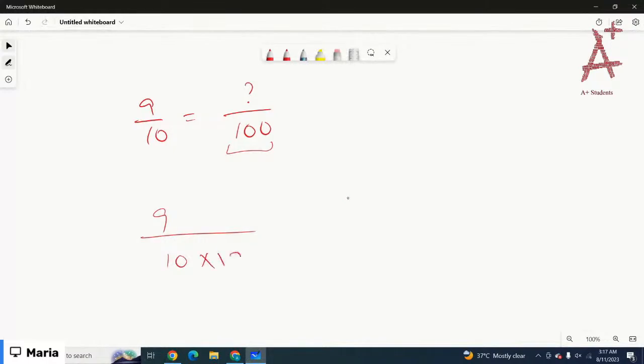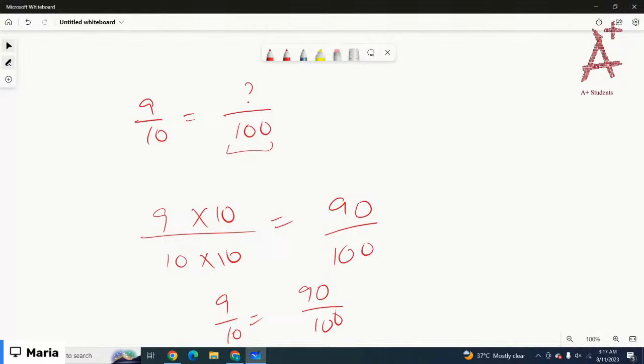So you have to multiply both numerator and denominator by 10. 10 times 9 is 90 and 10 times 10 is 100. So you can see the equivalent fraction of 9 over 10 is 90 over 100. What you did is simply multiply the numerator and denominator by the same number, 10. So they are equivalent fractions.